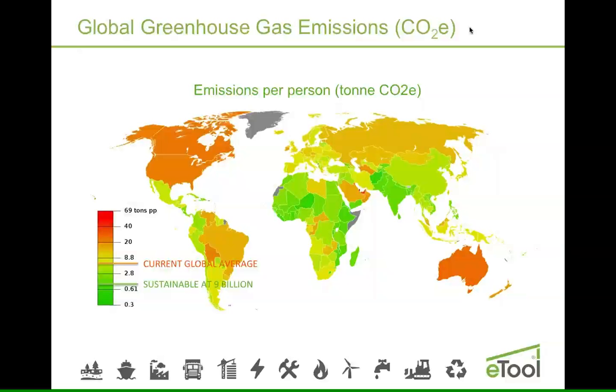There's a drastic change required here if we want to achieve a sustainable level. With 9 billion people on this planet, we need to drop it right down to 1 ton. That's the biocapacity of the planet to cope with the emissions and still find a balance.